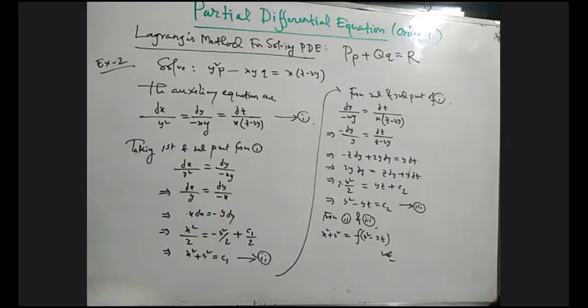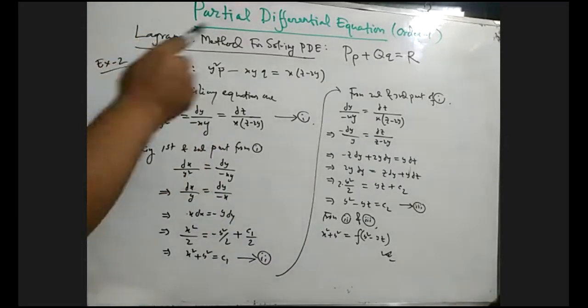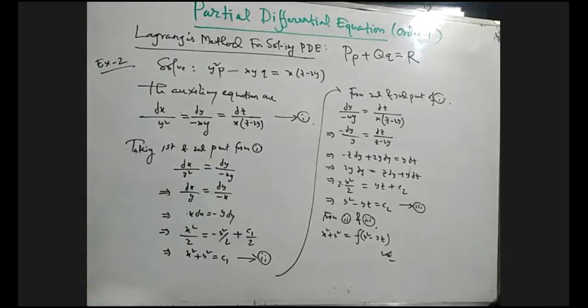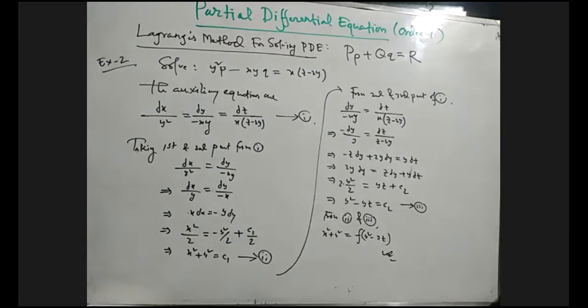How to solve first order partial differential equations by the Lagrange method. Today we have learned what a partial differential equation is and examples of partial differential equations. Then how to form partial differential equations. There are two types of formation of partial differential equation: one is eliminating arbitrary constants, and the other method is eliminating arbitrary functions.